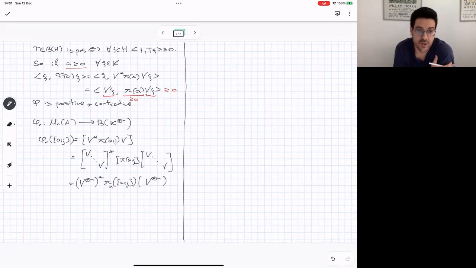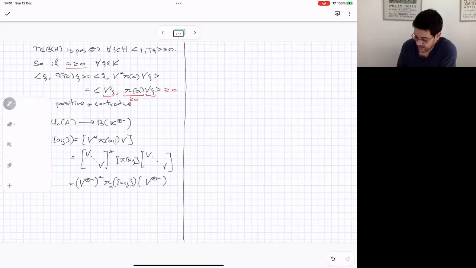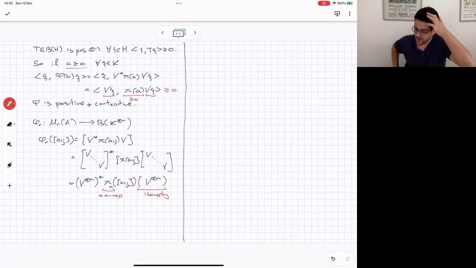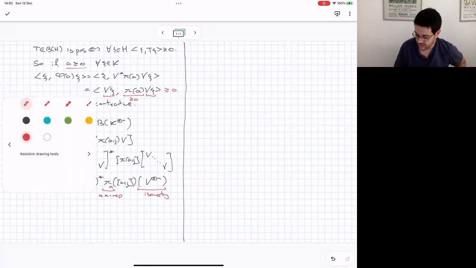So you see that this is an isometry, right? This is a representation. So phi n is another kind of phi. If I said before that phi is positive and contractive, then phi n is also positive and contractive.